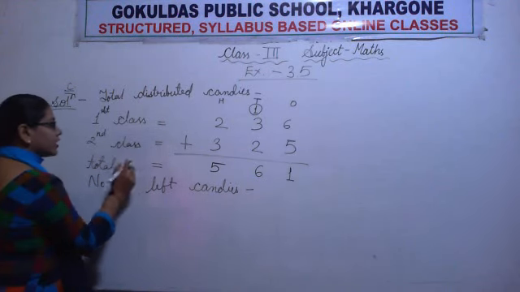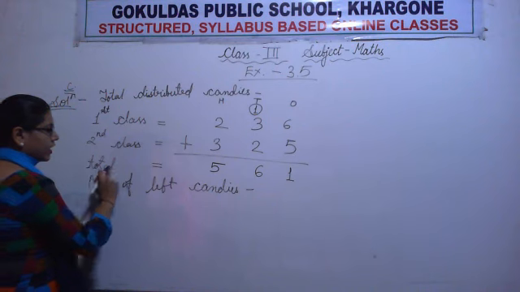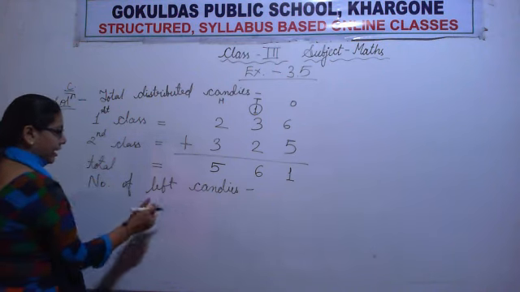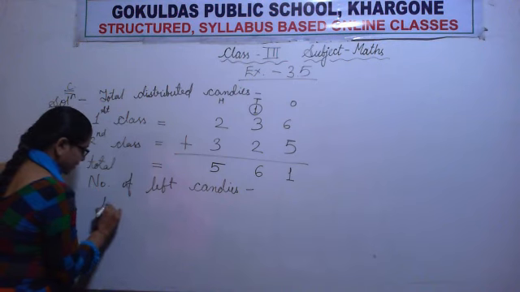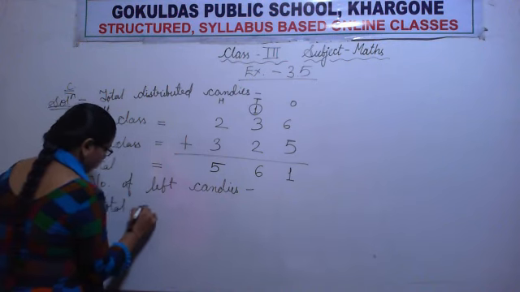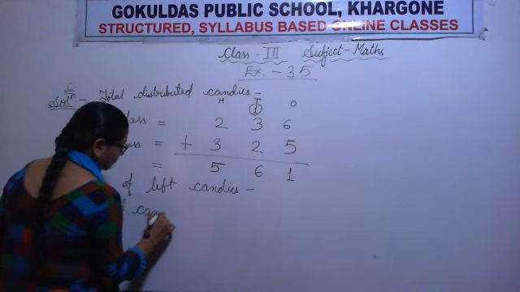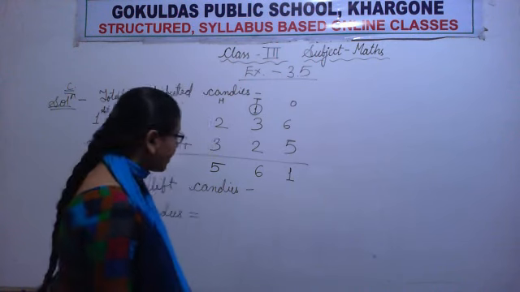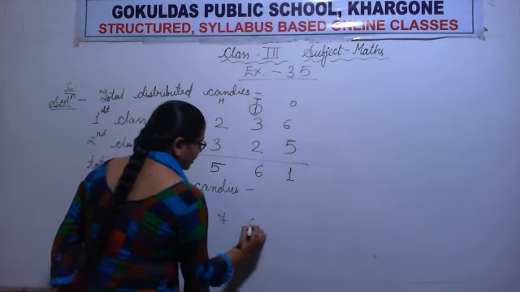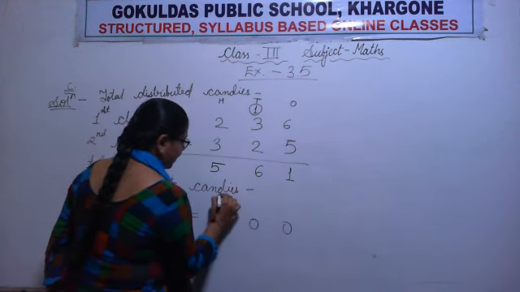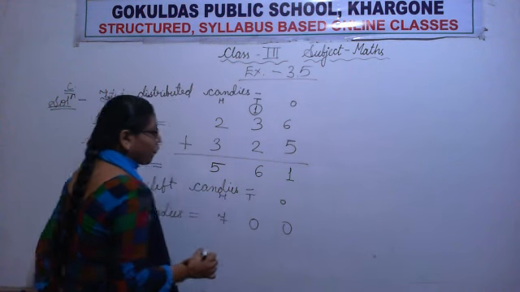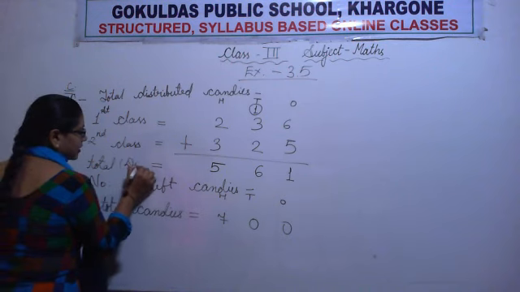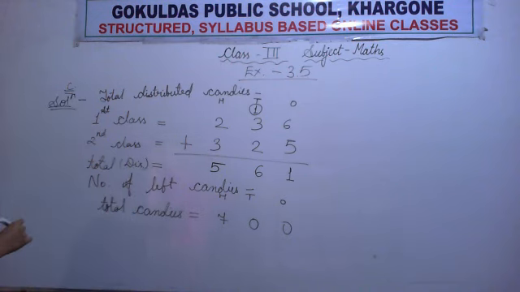This is the total distributed candies. Now we will find out the left candies. So we will subtract from the total candies. How many total candies are there? 700. Total 700 candies are there. Do not forget to write hundreds, tens and ones. This is the distributed candies.